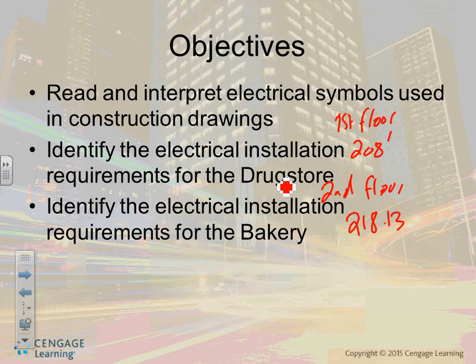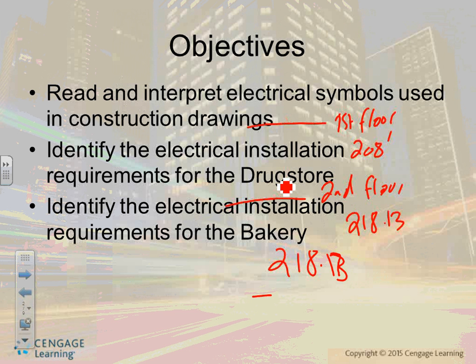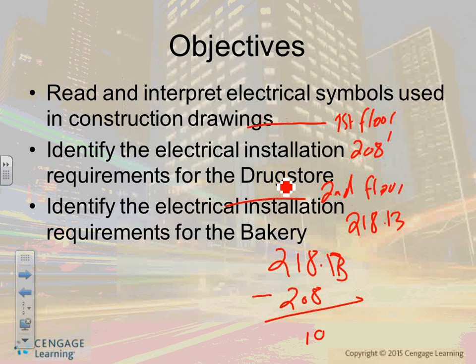To find the difference between the two, you take the 218.13 and subtract the 208 from it. That would be 10.13, almost 10 feet.